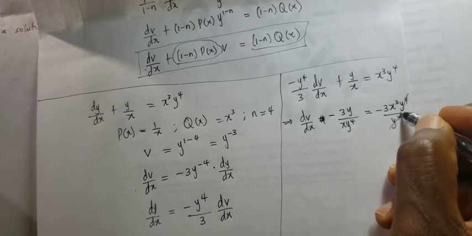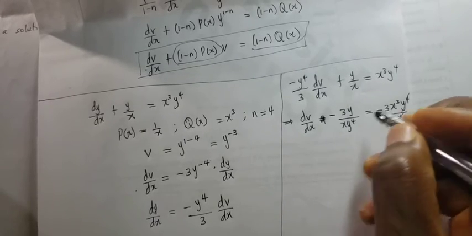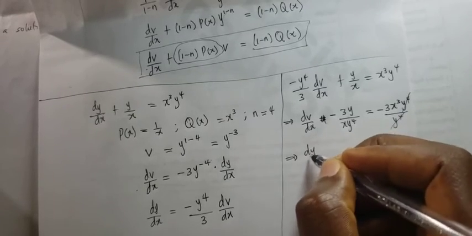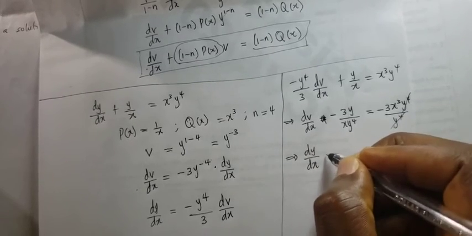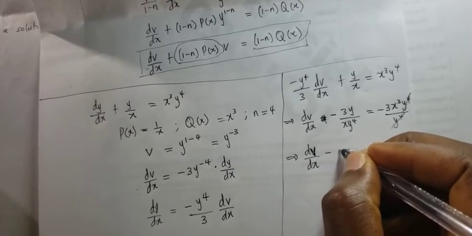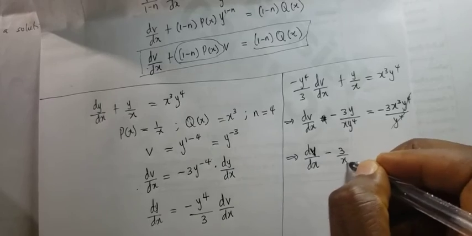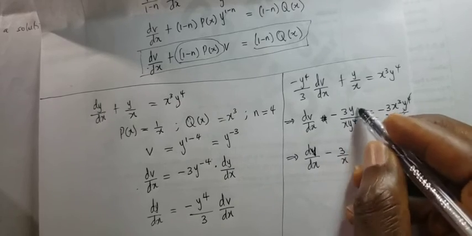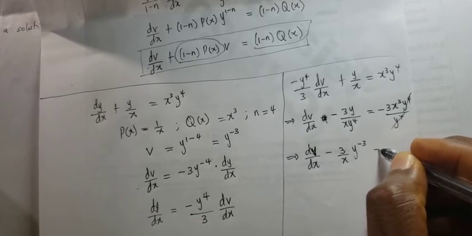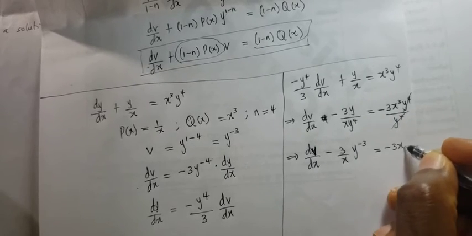So this we cancel out, and at the end of the day we're going to have dv/dx minus 3 over x, then we have y over y raised to power 4, that is y raised to power minus 3, equal to minus 3x cubed.